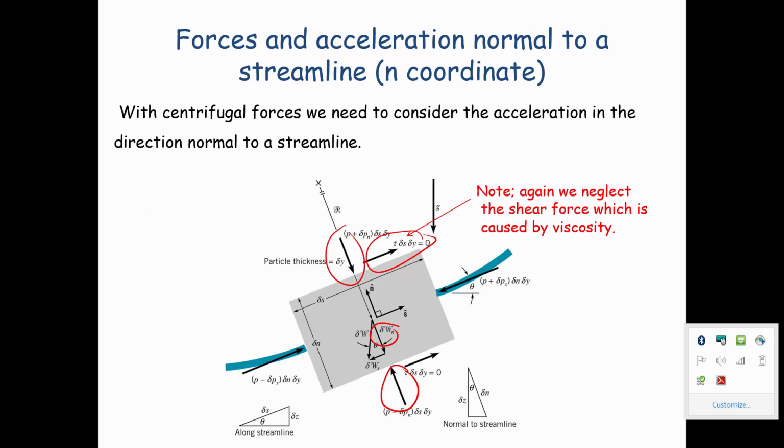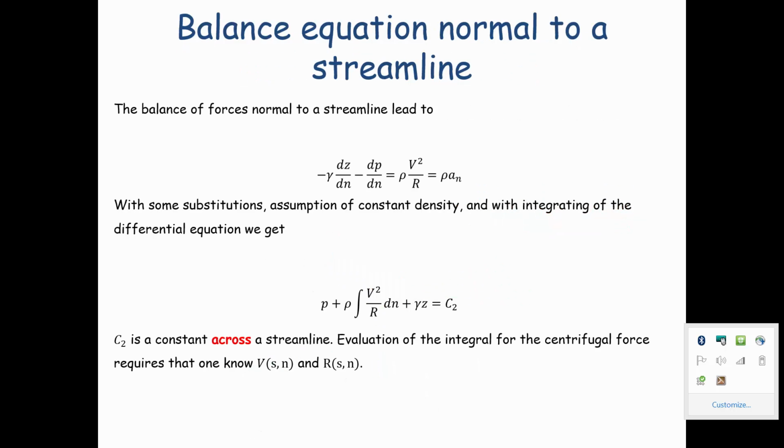Alright, so if we take these forces normal to the streamline, we can sum those forces, and those are given on the left-hand side of the equation, just as we saw for the Bernoulli equation. Sum of the pressure forces, sum of the weight force.